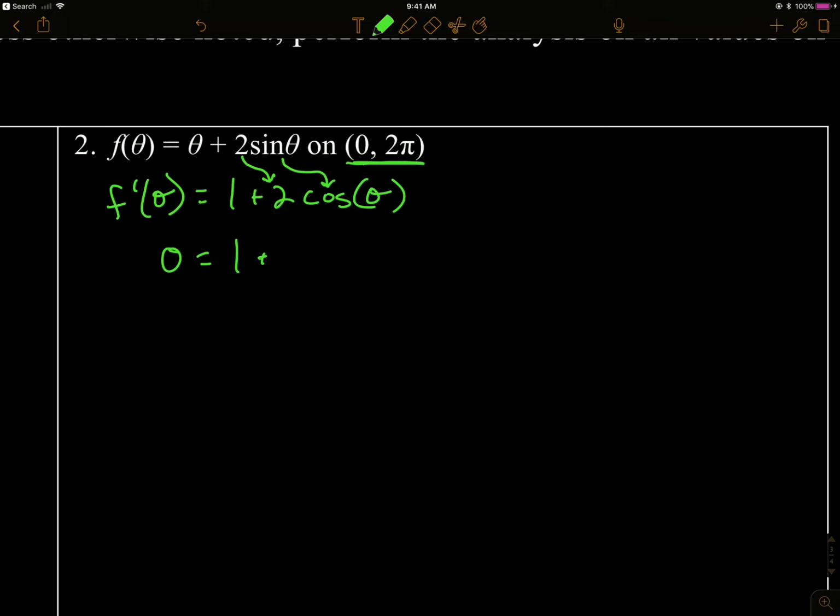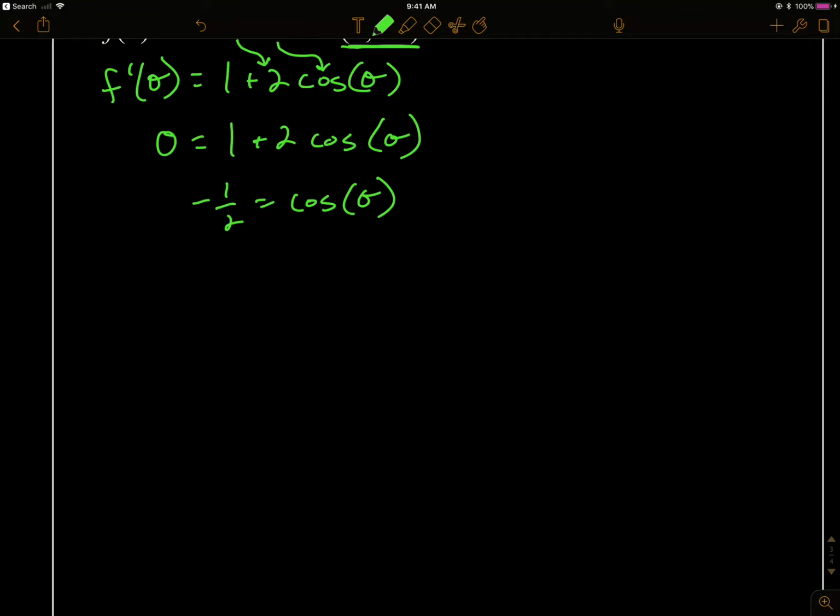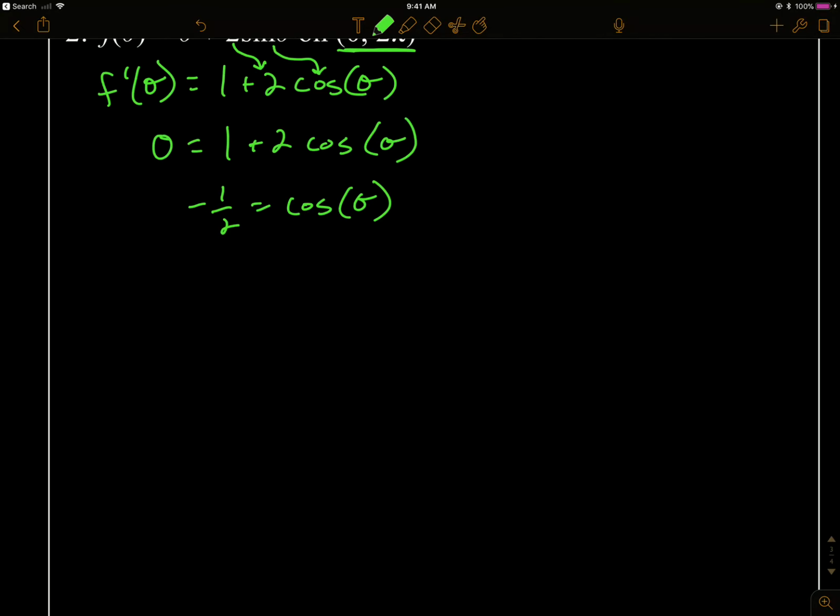I set it equal to 0 and solve. So I'm going to subtract 1, divide by 2, and I'll get -1/2 equals cosine of theta. So we're looking for what angle has a cosine value of negative 1/2 on the interval 0 to 2 pi. A negative cosine value is going to be in quadrants 2 and 3.